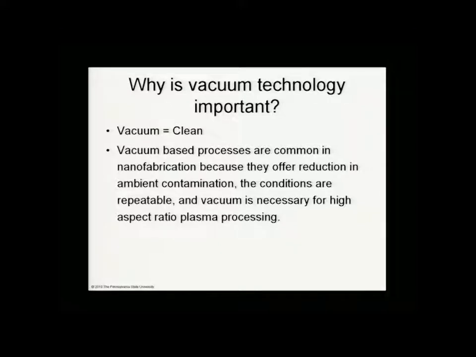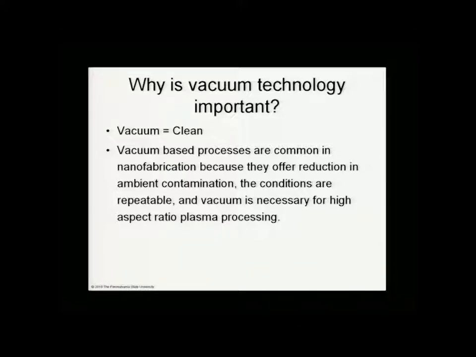So, again, why is vacuum so important? Well, a simple way of putting it is vacuum equals clean. If there's nothing there, it should be clean. And in vacuum, we pump everything out, so there should be nothing there. It should be very clean. So vacuum-based processes are common in nanofabrication because they offer a reduction in ambient contamination.